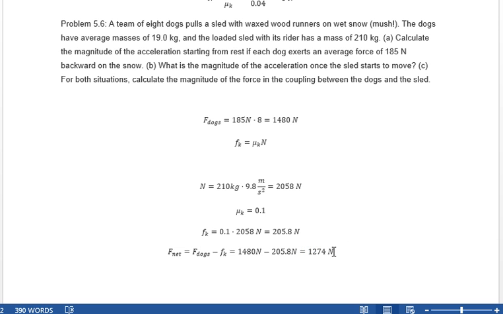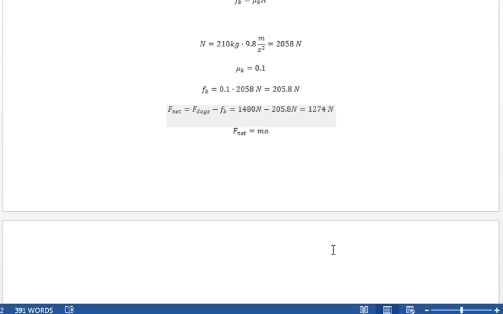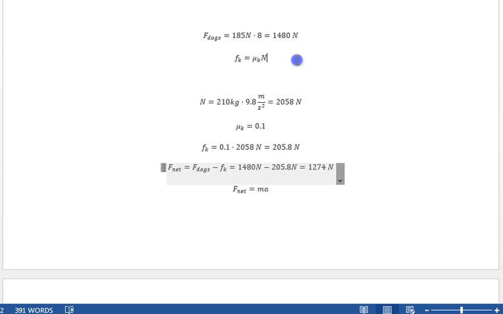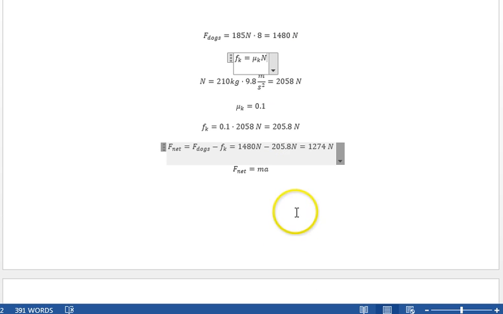Now they want us to calculate the magnitude of the acceleration. The reason we're getting all of this is that net force equals mass times acceleration. So what is the mass that we're accelerating? The total mass is the sled plus the rider plus 8 times, how much is each dog?